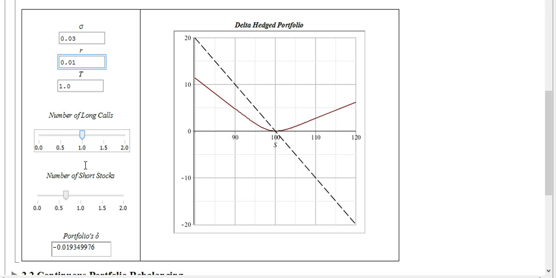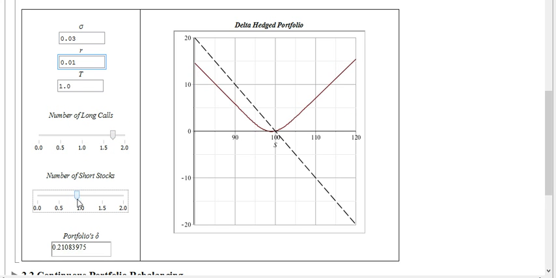Let's think for a second that we reinvest the profits of this portfolio. That implies that we are able to buy more calls. Once we do that, our portfolio is unbalanced. So we need to change again the number of shorts in order to reestablish the proper balance. Okay. Now, let's think that we can keep on doing that.